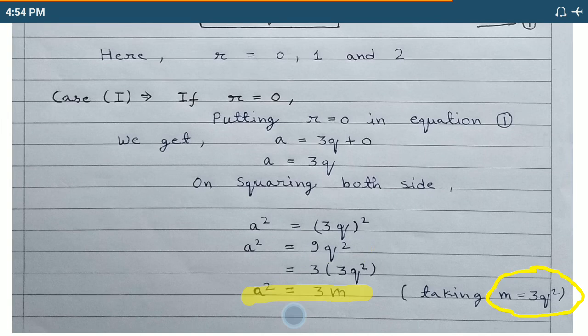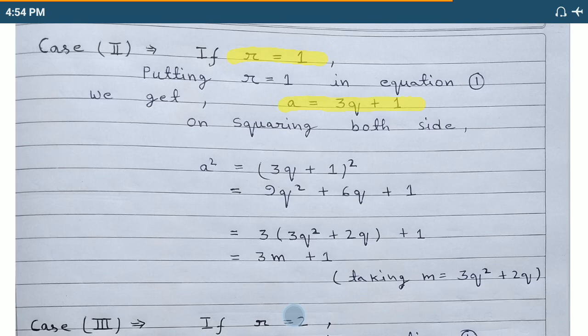Now see for the case second. Case second, if r is equal to 1, then we get a is equal to 3q plus 1.